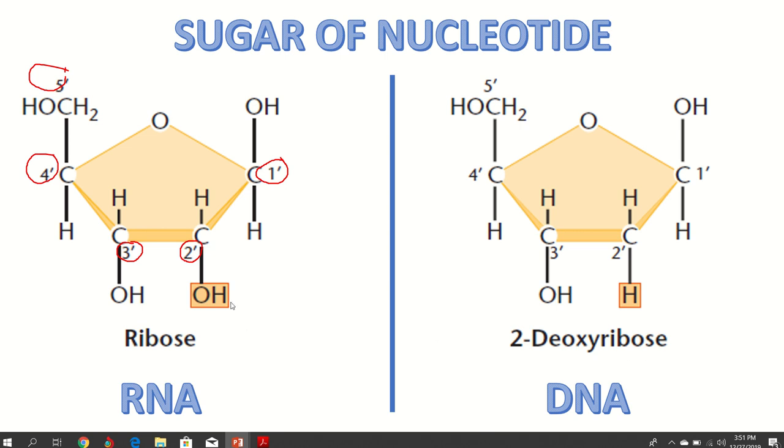Now, the difference here is that the ribose has an oxygen atom at carbon number 2. But comparing it to the deoxyribose, only the hydrogen atom is attached or chemically bonded to carbon number 2 of this sugar. So that is the only difference.